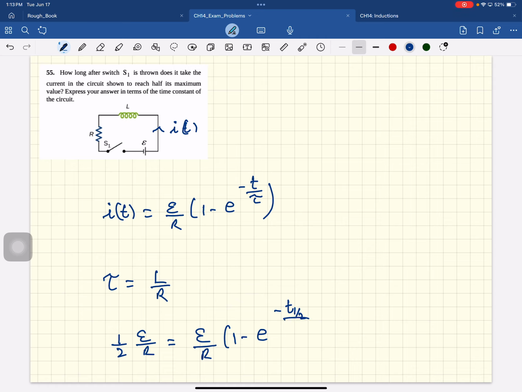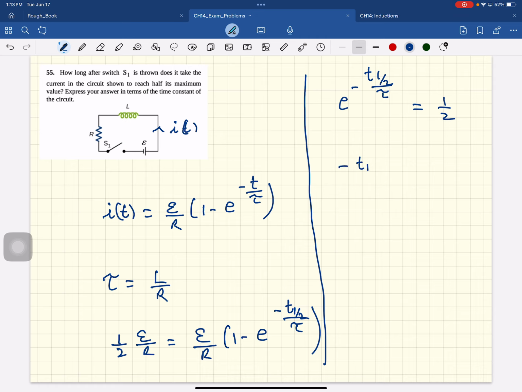You did something like this in lab, remember the voltage across the, okay, so e to the power minus t half over tau equals 1/2, and minus t 1/2 over tau equals log 1/2.